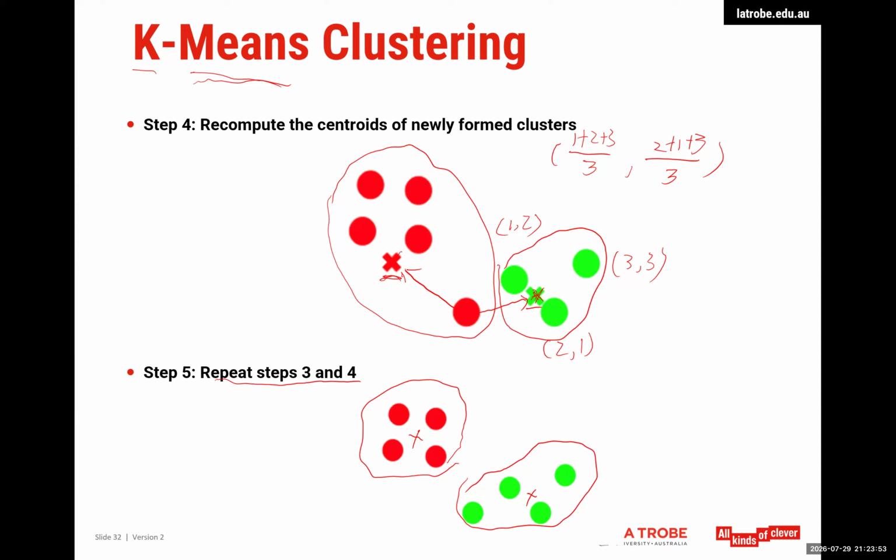So the belongingness of the data points is not finalized. We don't know their final belongingness. So it is a dynamic process. This centroid location keeps being updated in each iteration.